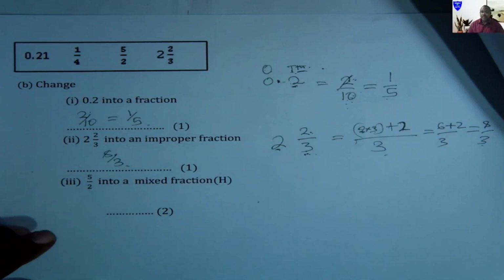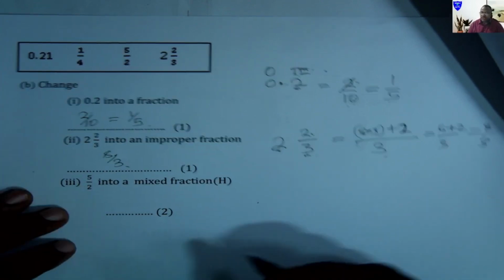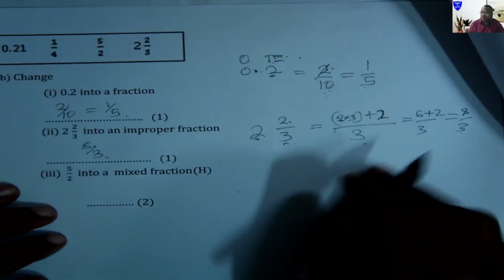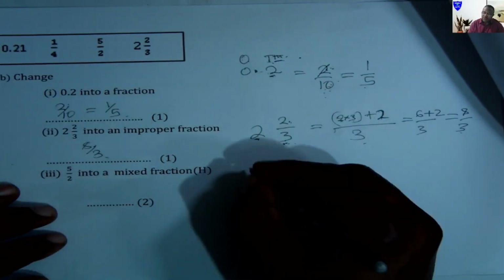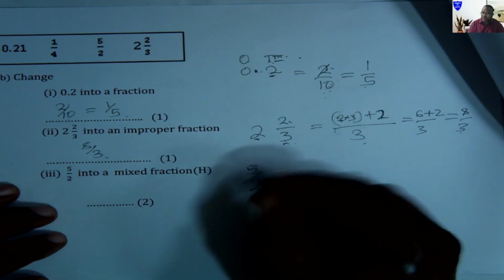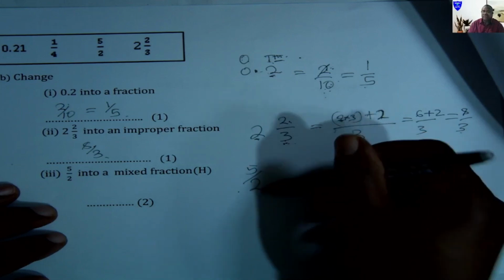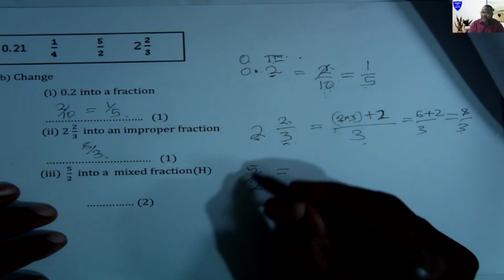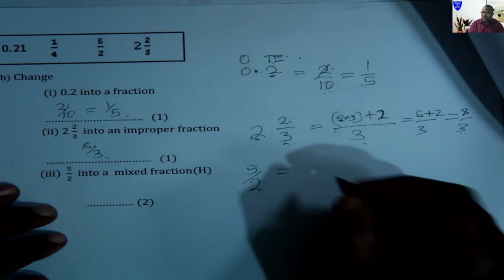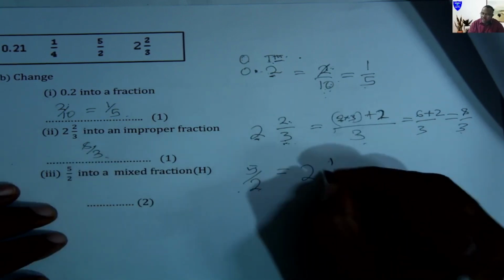Then changing 5 halves into a mixed fraction, simply do the opposite of that. You have 5/2. Now, like I said in the example that I gave you earlier, you have to divide the numerator by the denominator. So 5 divided by 2, it's 2, and the remainder is 1, which you write there and draw a line.